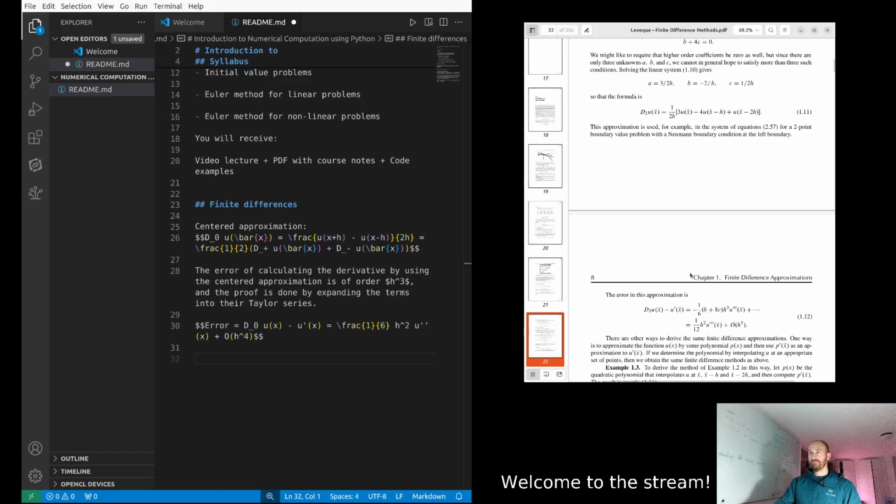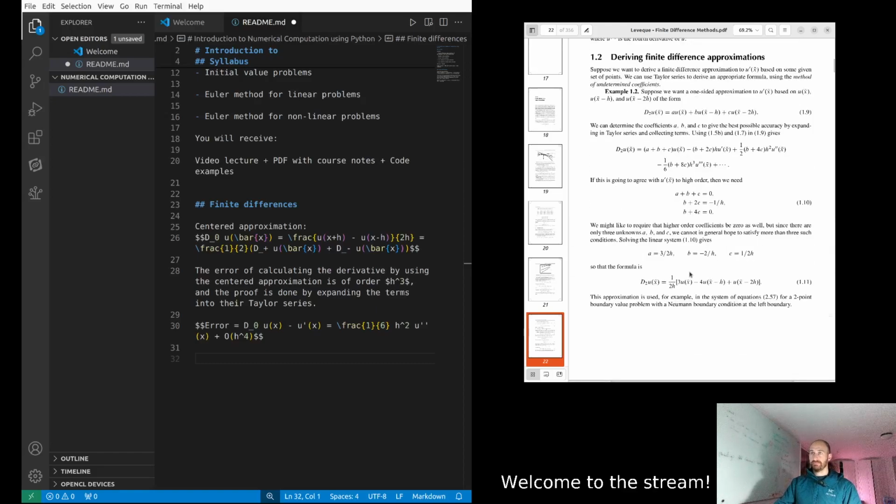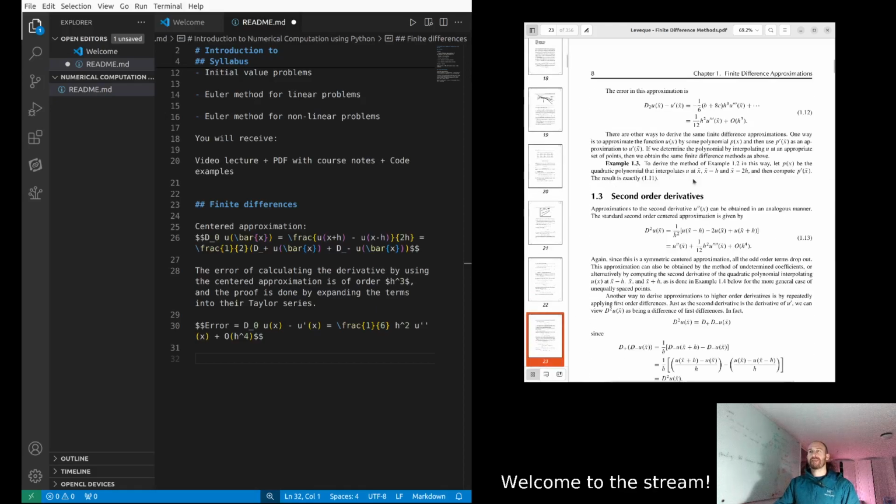So maybe we can save this. Of course, we can do the same for the other side, right? This was one-sided in the sense that it comes from the left, but you can do it to come from the right, and it will still work. I'm anticipating here that at some point we'll try to solve a problem in one dimension that has boundaries. For example, maybe a string, and the string is fixing one point and fixing the other.